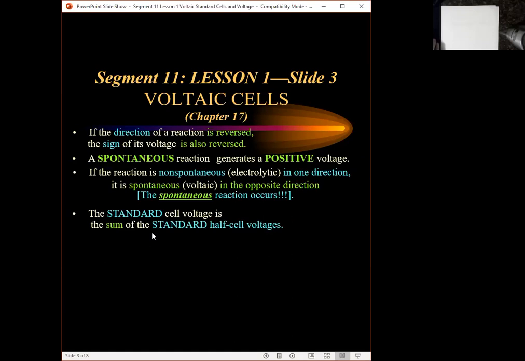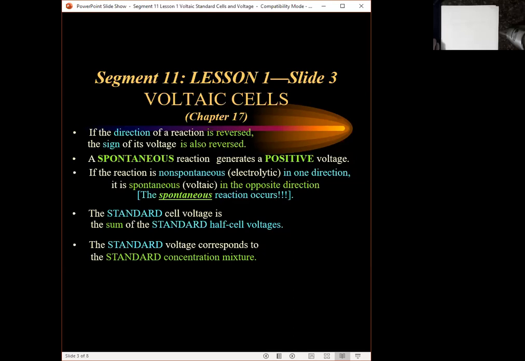Now, we're going to add two voltages together to get the voltage of an overall cell. We're going to add the oxidation voltage and the reduction voltage together. The voltage corresponds to standard concentration in the mixture. Now, you remember what we talked all the time about, what the standard mixture means.